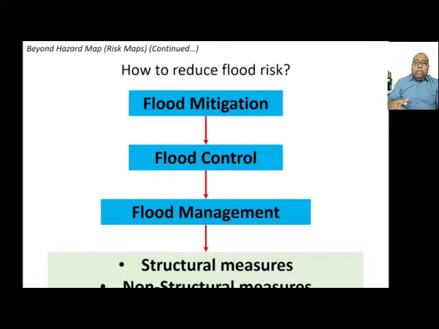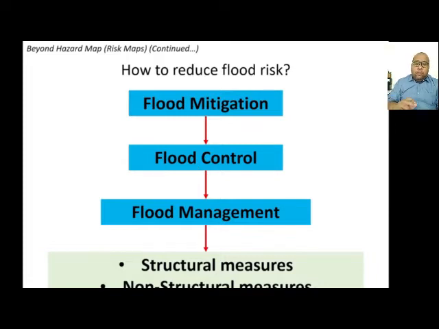But that method actually is not very successful in managing the floods. The flood will still occur. So that's why we have another method, which is flood control. Okay, you control the floods.